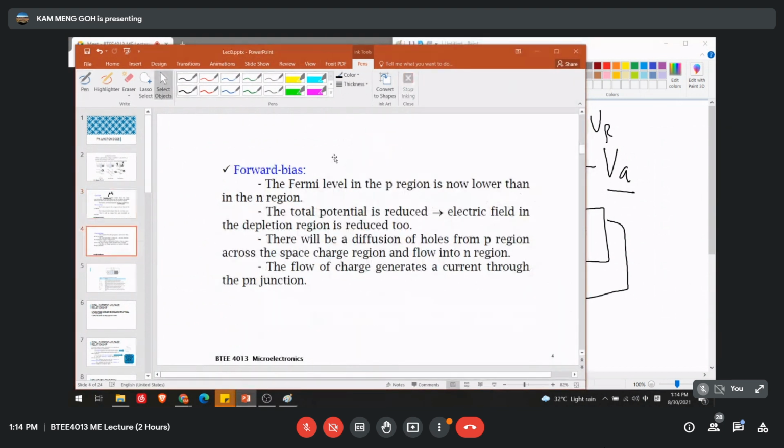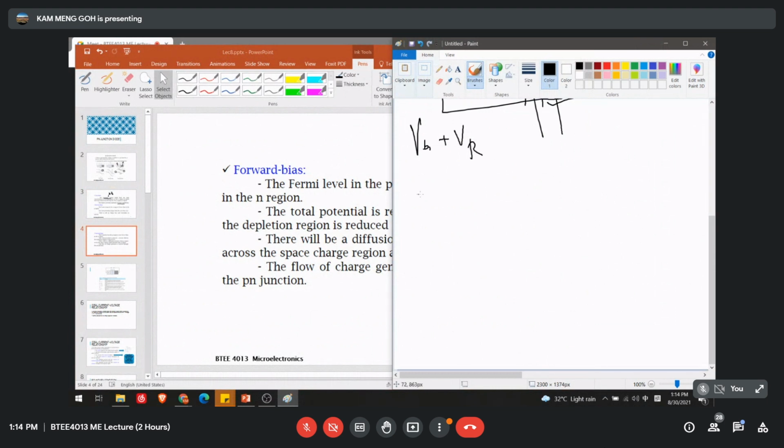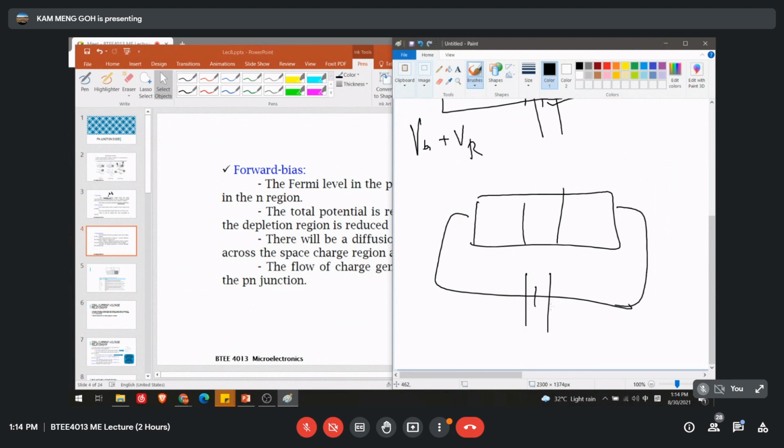But as we mentioned just now, when you apply the forward bias, the width is getting smaller, and your VBI will be minus VA.